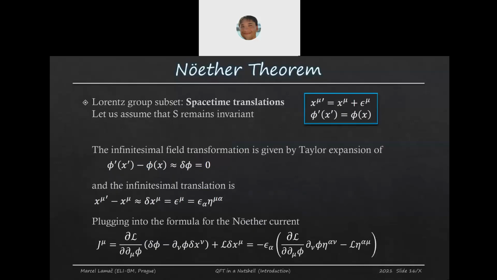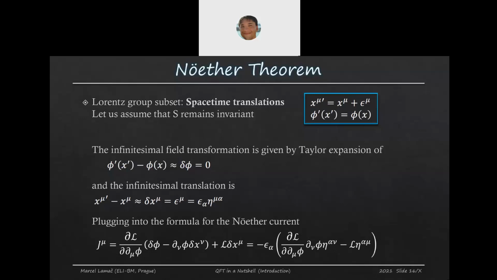Okay, so now the example of the Noether theorem. As we will see momentarily, in the Lorentz group, which is the group that contains all the Lorentz transformations, there are transformations known as space-time translations, and we can consider the action of such a transformation on, for example, a scalar field.